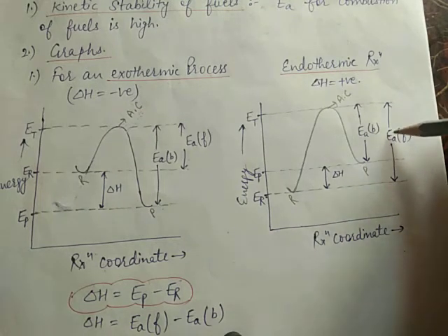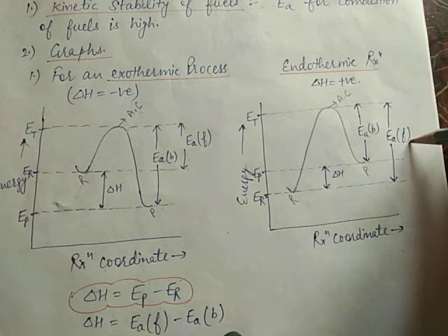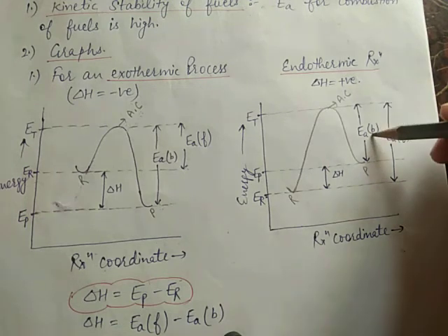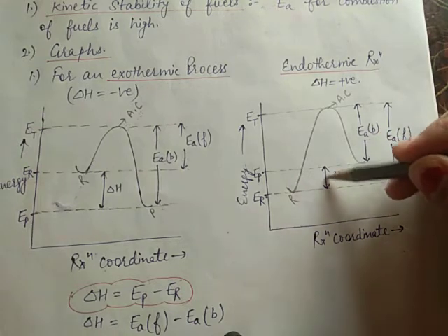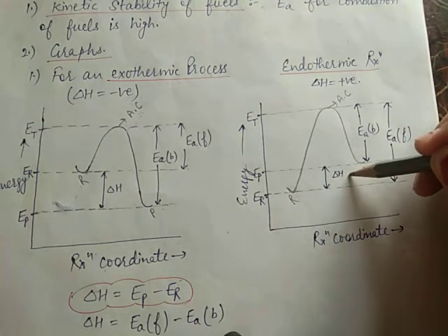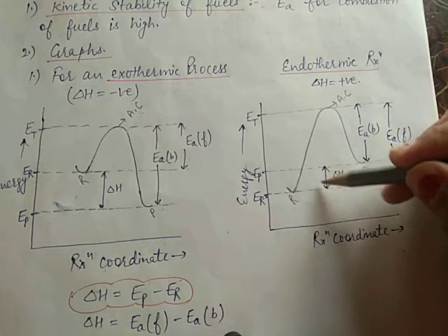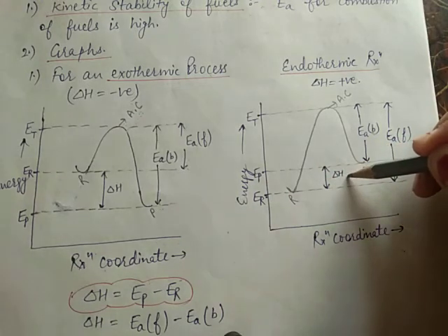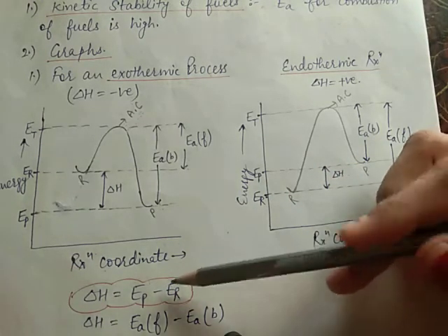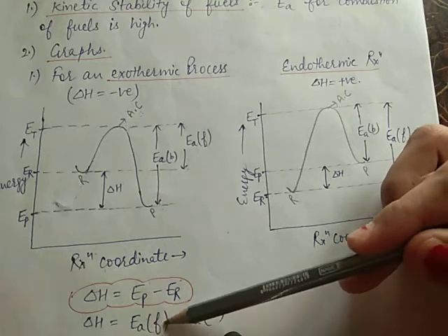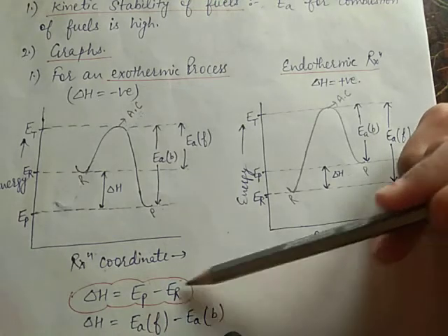So here the activation energy is more in forward reaction and less in backward reaction, and delta H value is small, means enthalpy change for a reaction is very small. So delta H is equal to activation energy of forward minus activation energy of backward.